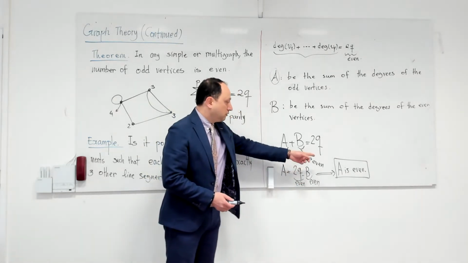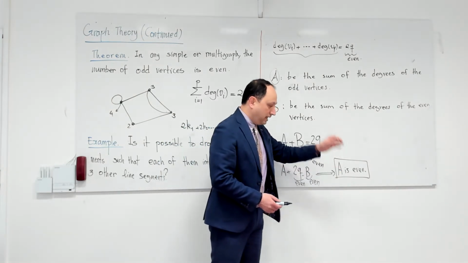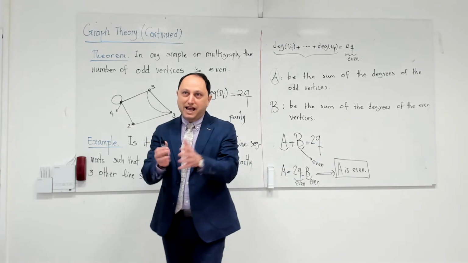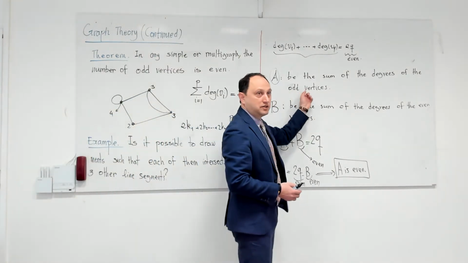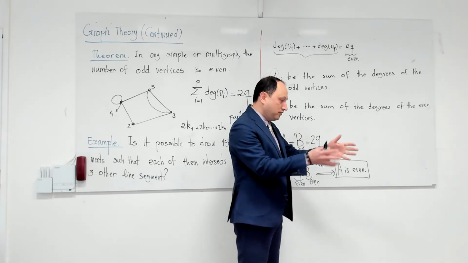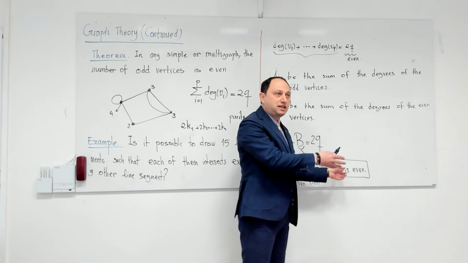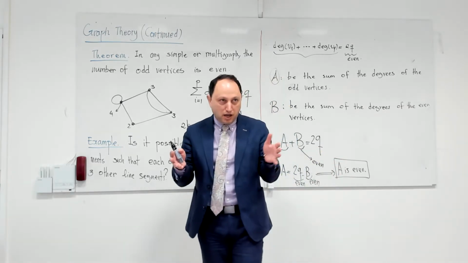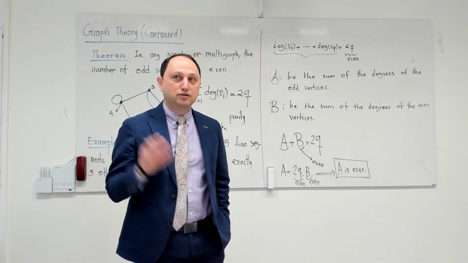But what is the meaning, what is the consequence? If I ask you to go and look inside, A is a bunch of numbers added together, but what type of numbers? Odd numbers, yes? But I have a bunch of odd numbers added and then I know the sum is even. This cannot happen unless the number of summands is even. Is that understandable? Yes or no?